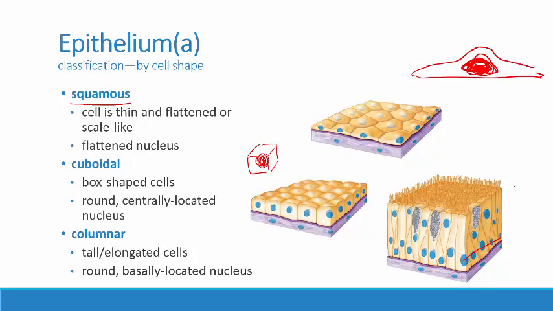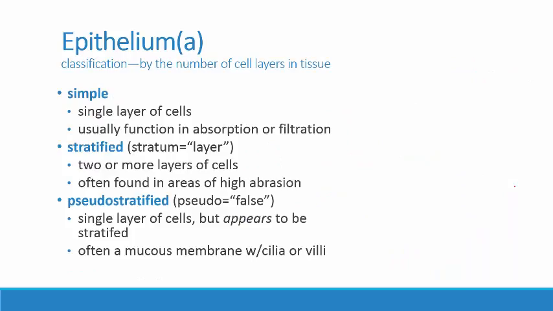Okay, so three shapes that we can use to classify epithelial types: squamous, flat; cuboidal, somewhat box-like; and columnar, where it's taller than it is wide or deep. The second way that we can classify an epithelial type is by looking at how many layers there are in the epithelium.